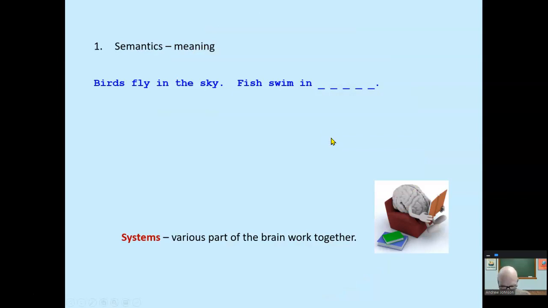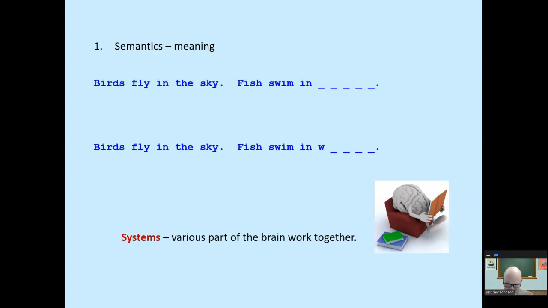For example, in the sentence below, there are several possible words that would make sense: a pail, a lake, the ocean, water, or a tank. Birds fly in the sky, fish swim in... Most readers wouldn't need the 4 additional letters to recognize the word water.